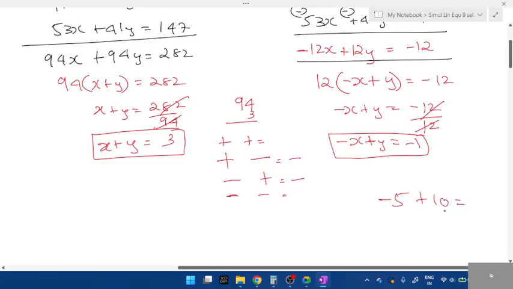How do you solve this? No, not minus 5. Minus into plus is how much? Minus meaning is what? Addition or subtraction? Subtraction. So you have to subtract 10 minus 5. You get 5. Which is greater? 5 or 10?